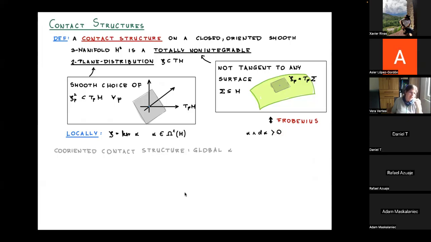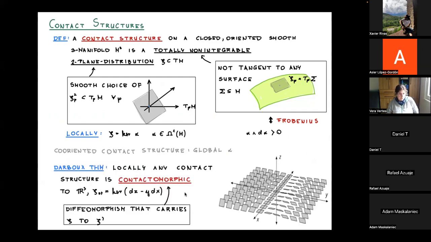I secretly oriented my three-manifold, and in the following I will always assume that my alpha, of which the contact structure is the kernel, is given globally instead of just locally, and that's what makes it co-oriented. I had a question about this earlier.